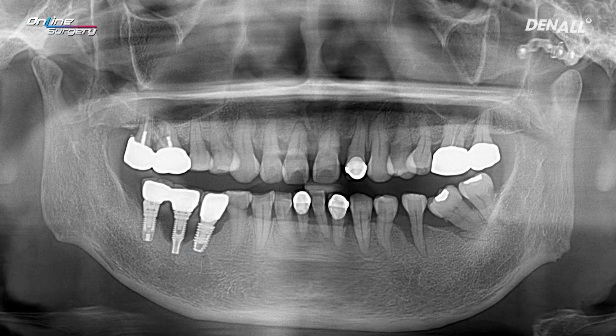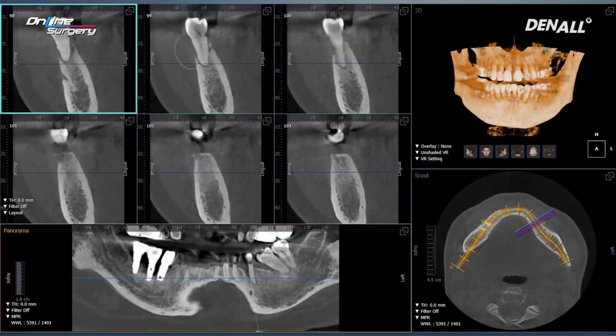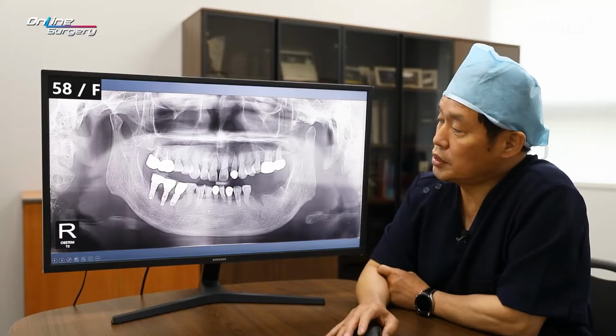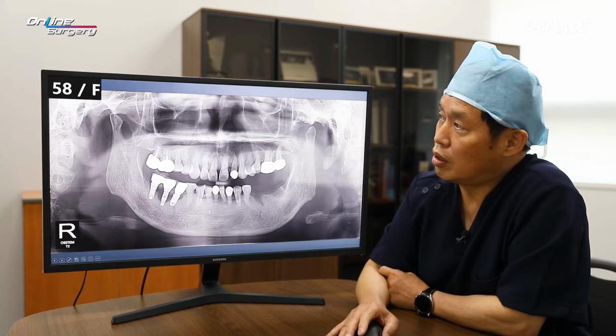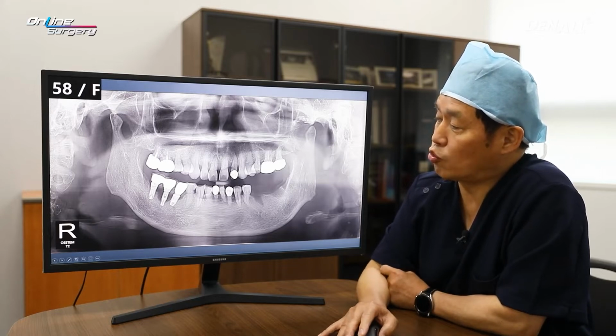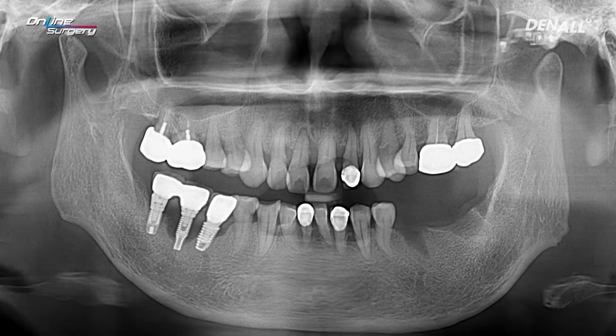Looking at CT, number 5, alveolar bone has been resorbed significantly. In number 6, it was missing. Number 7 is tilted mesially, and there's a lot of alveolar bone loss. The patient was in great pain, and at initial visit, extraction was done.